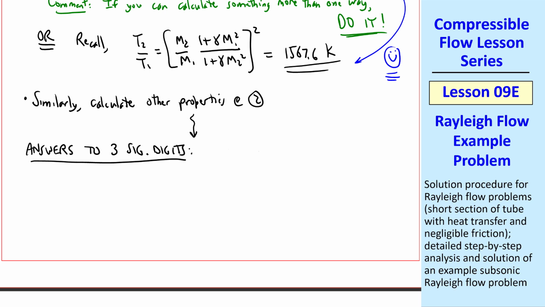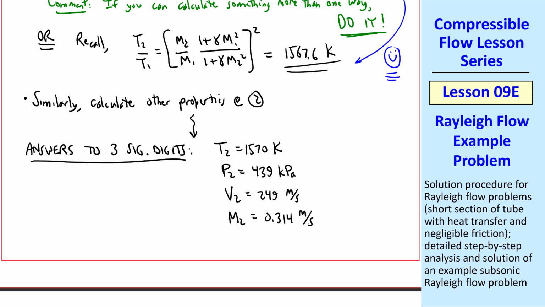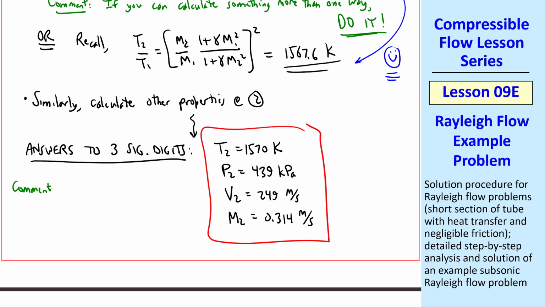Here are our answers to 3 significant digits, T2, P2, V2, and M2. And I'll just comment here, another useful thing to do when we have all these answers is to see which variables go up and which go down, and compare to what we've said previously qualitatively. It turns out that V goes up, since our V1 was only 80 meters per second.